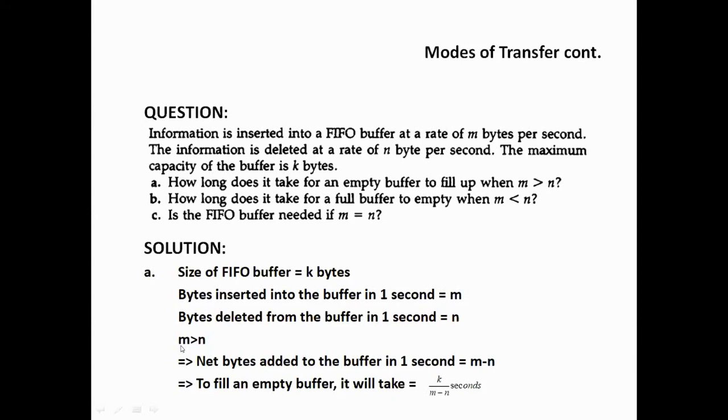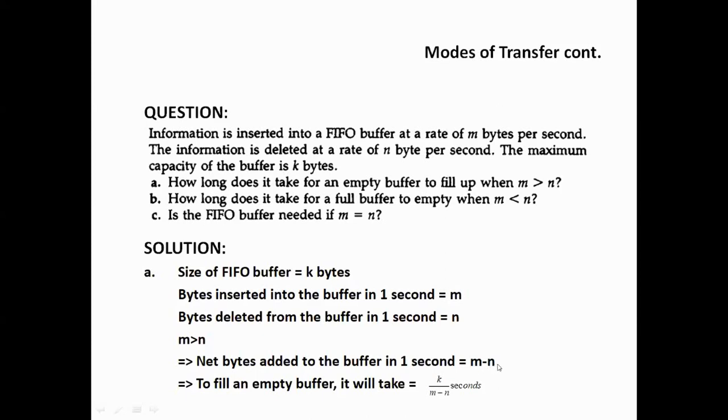That means the number of bytes added to the buffer per second is greater than the number of bytes deleted from the buffer in 1 second. That means in total there will be an increase in the number of bytes. So that implies net bytes added to the buffer in 1 second will be m minus n.